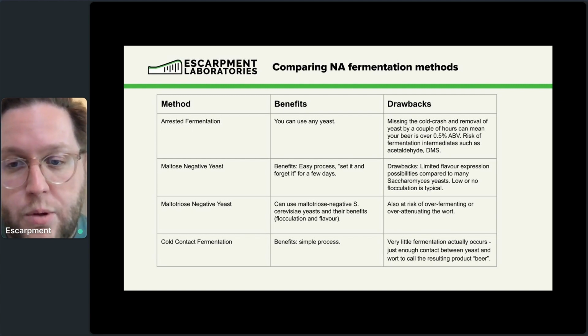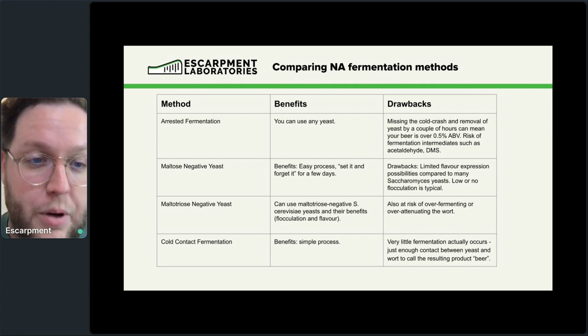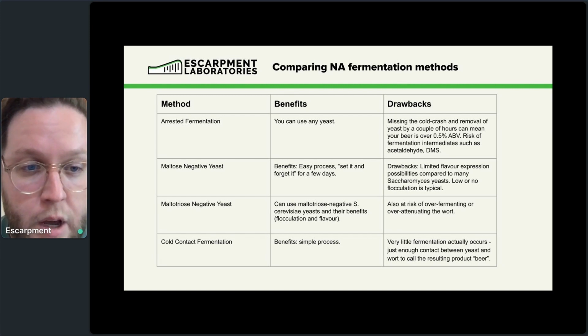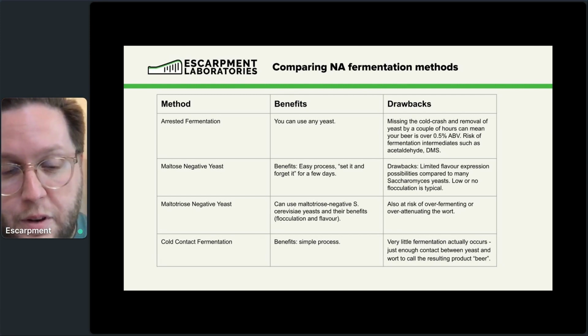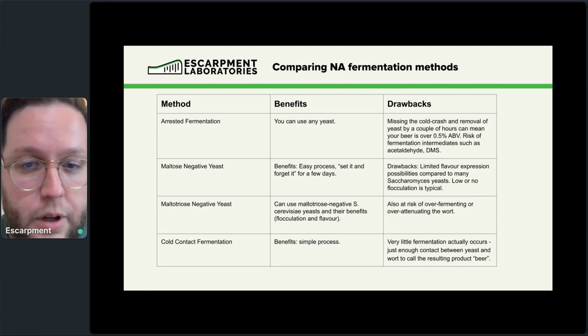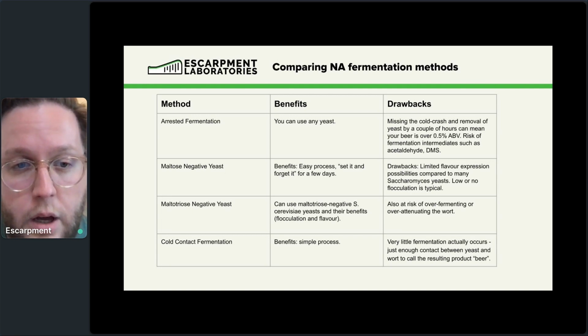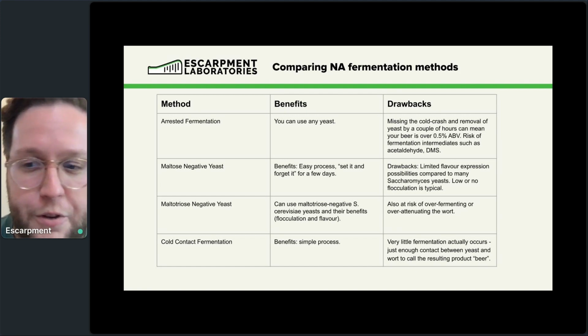So, for example, low flocculation is pretty typical for a lot of these yeasts, whether it's some of the traditional options that have been used by the Europeans for a long time, or whether it's some of the new options on the market. We've tried our hardest to engineer and evolve NAY to be flocculent, but it just doesn't behave. So that's a challenge.